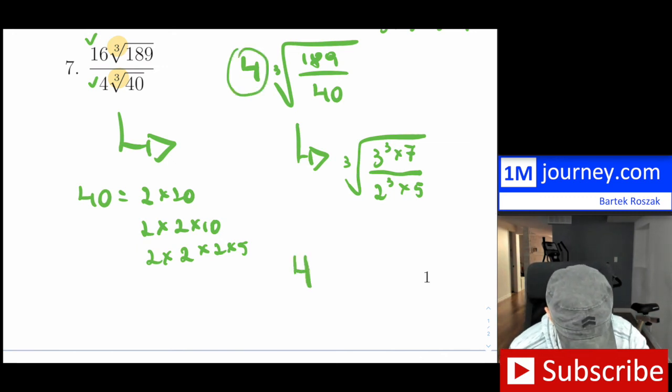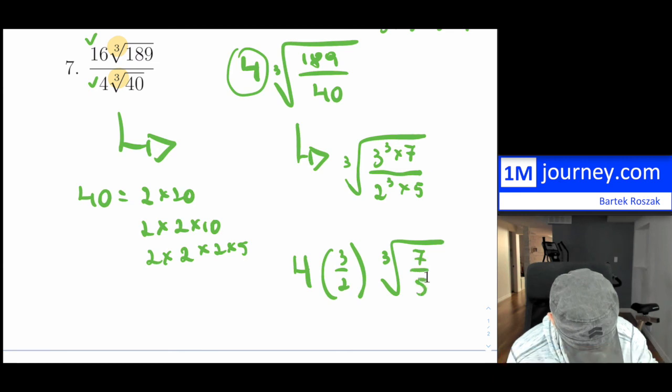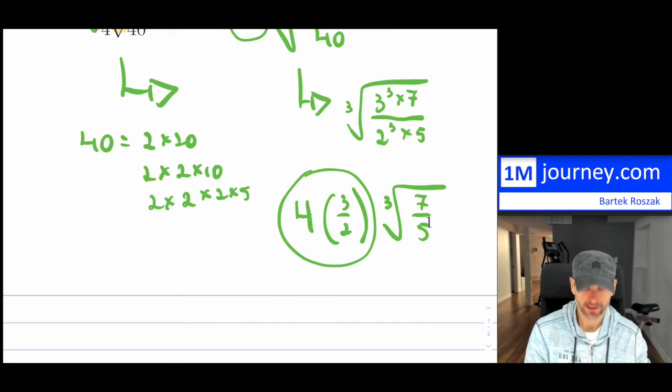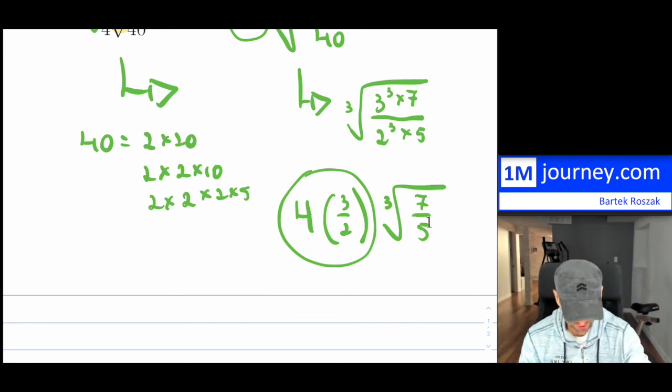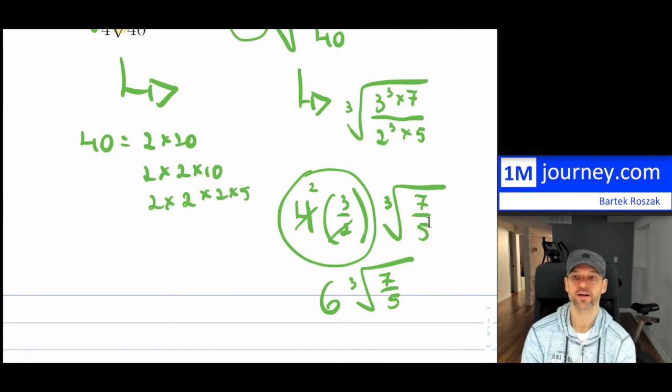Now, the 3 cubed and the 2 cubed will come out from under the radical sign. So that's going to be 3 over 2, and in the radical sign, what will remain is just 7 over 5. Simplifying this, 2 goes into 4 2 times, so 2 times 3 is 6. And your answer is going to be this. That's as simplified as you can have it.